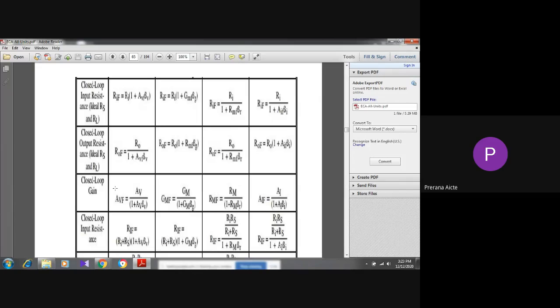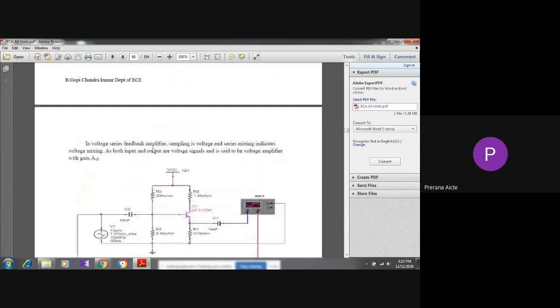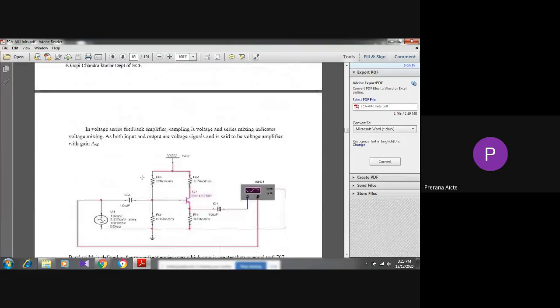After that, we have seen example circuits for the four feedbacks. This is the voltage series feedback diagram.